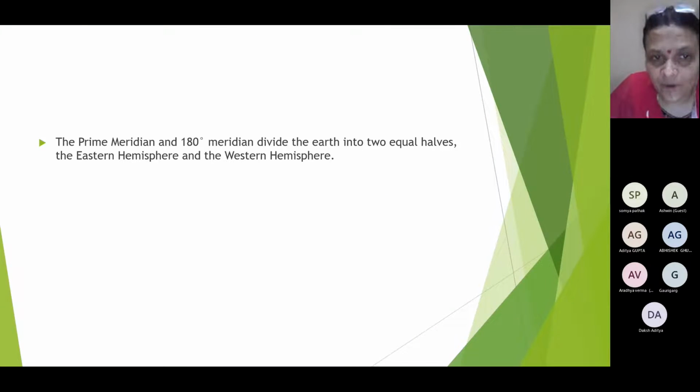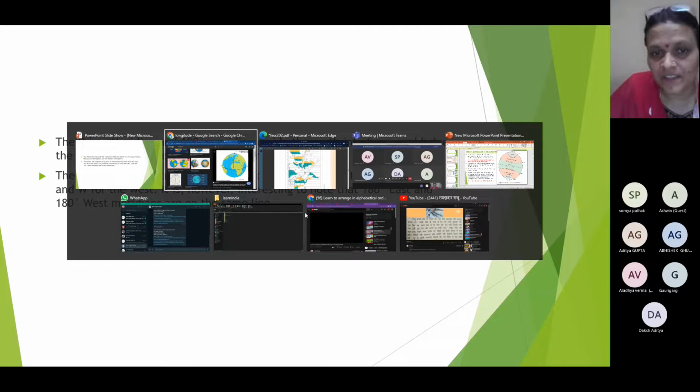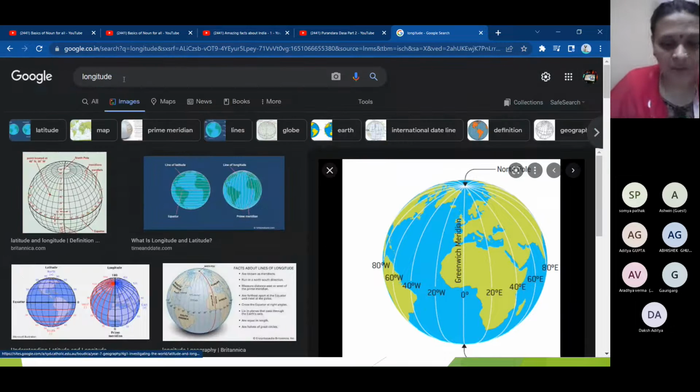The prime meridian and the 180-degree meridian divide the Earth into two equal halves, the Eastern Hemisphere and the Western Hemisphere. Therefore, the longitude of a place is followed by the letter E for East and W for West. It is, however, interesting to note that the 180-degree East and 180-degree West meridians are on the same line. Let me show you.